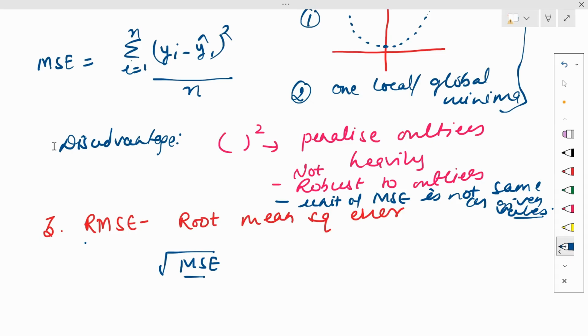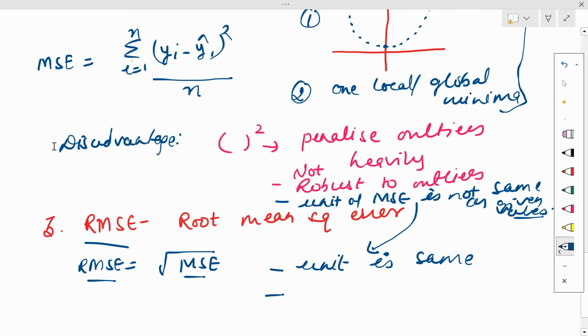Let's come back to RMSE. RMSE is nothing but the square root of MSE. So now this thing is corrected here. The unit is again the same. And the other advantage of MSE is also present here, that is, the function is differentiable and hence can be used as a loss function.